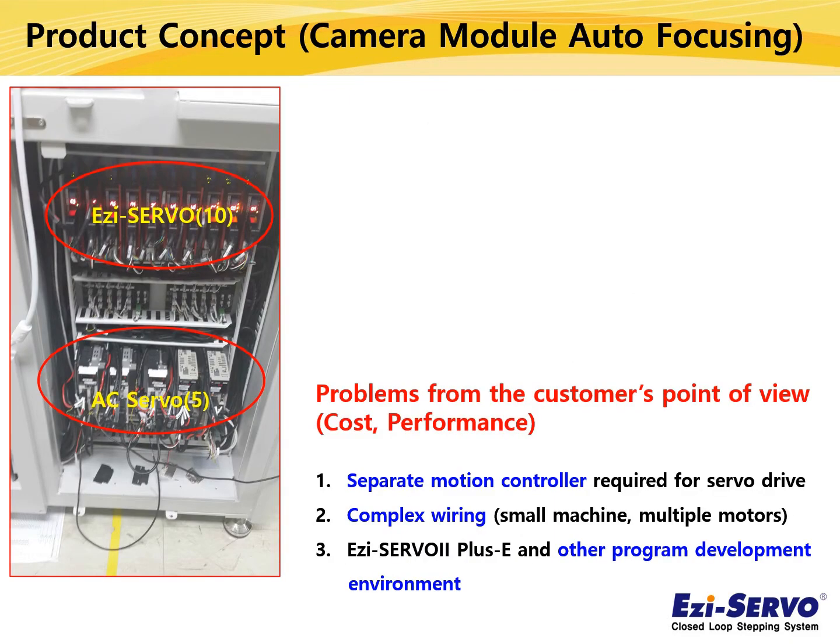Now, using actual machine as an example, I would like to introduce the concept of Ethernet product development. This machine aligns the lens and sensor of the camera module used in smartphone. As you can see in the photo on the left, the customer applied 10 axis of EC Servo 2 plus E and 5 axis of AC Servo.